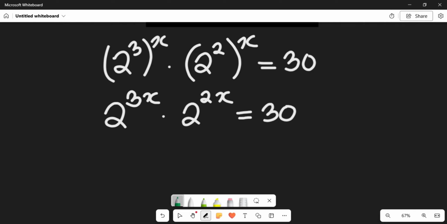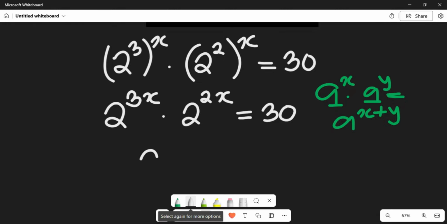Now, according to the rule of indices, remember, if you have a to the power of x multiplying a to the power of y, same base a and a, this will give us a to the power of x plus y. That means the exponents will have to add up. So we simplify this to become 2 to the power of 5x equal to 30.